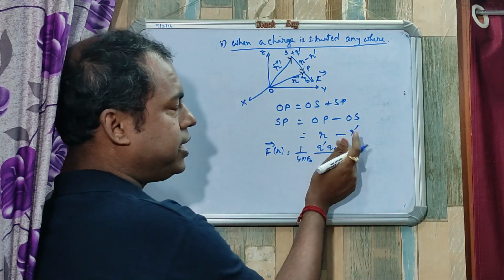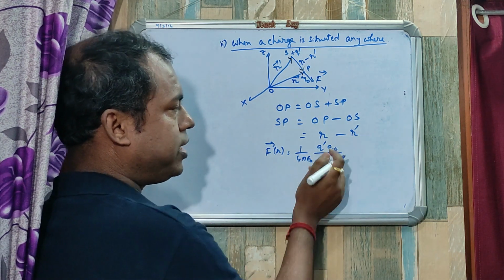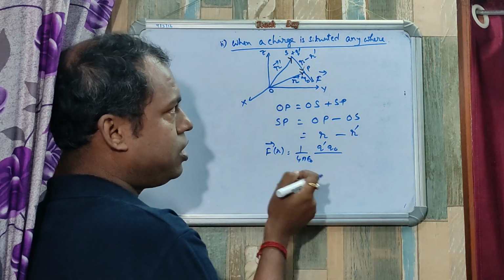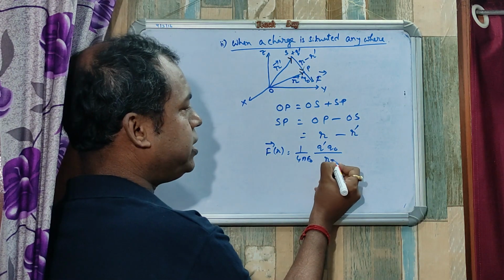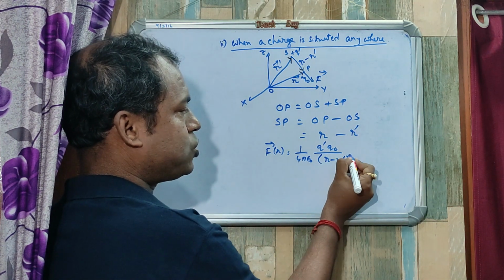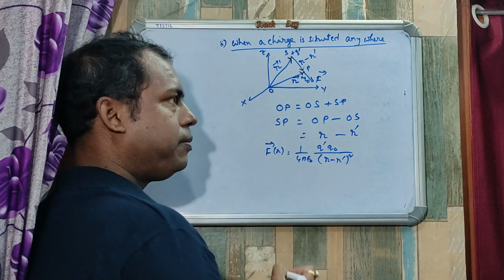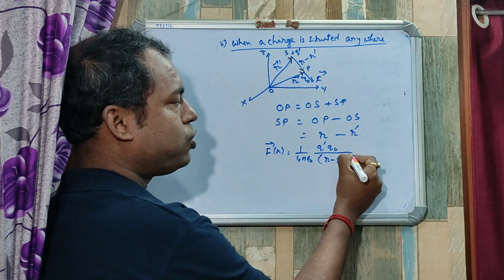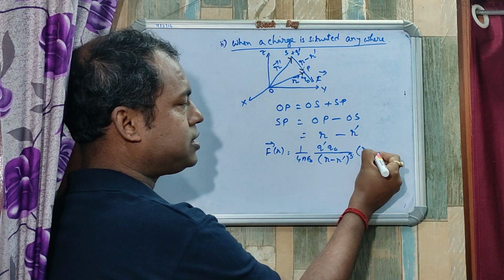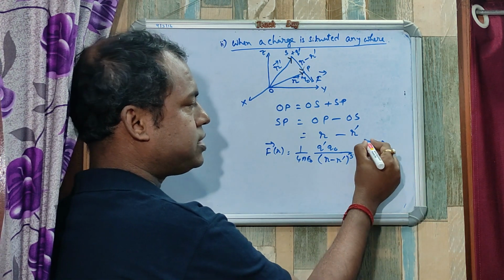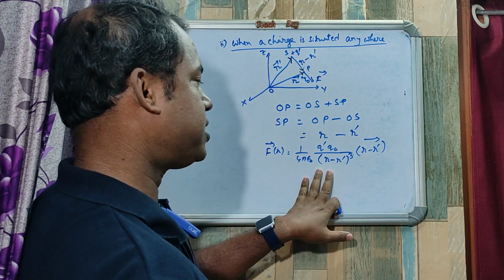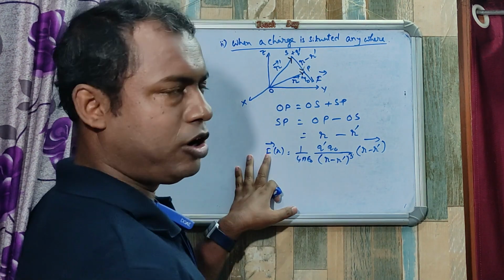Here r square means the square of the distance between them, that is SP, equal to the magnitude of R minus R dash squared, into the unit vector. It may be written in the form of the cube of the magnitude of R minus R dash, times the vector R minus R dash.